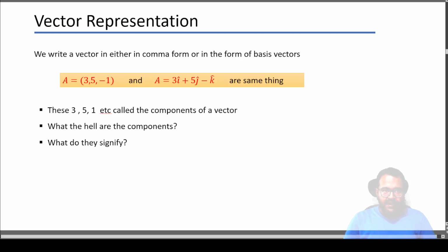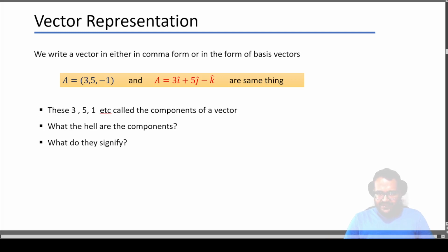Okay, guys. Now how do we represent a vector? We can write a vector as just 3, 5, -1. I change the color. Or you can write a vector like 3 I cap plus 5 j cap minus k cap.